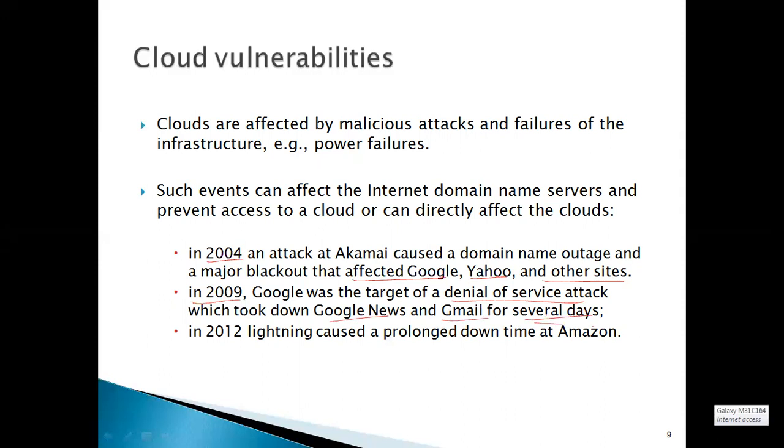Hackers gained unauthorized access. This is what we call cloud vulnerabilities. Then in 2012, lightning caused a prolonged downtime at Amazon. These are some examples of cloud vulnerabilities.